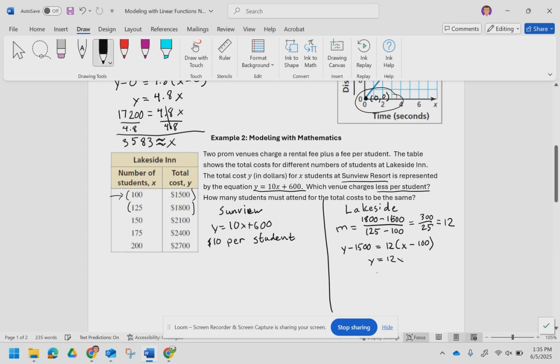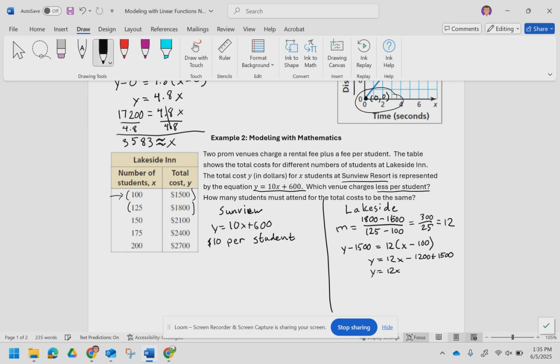So we'll have 12x minus 1,200, plus 1,500, added to both sides.